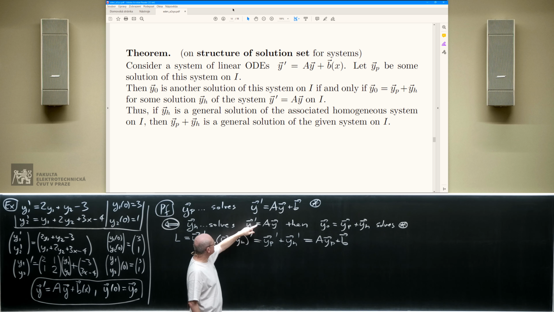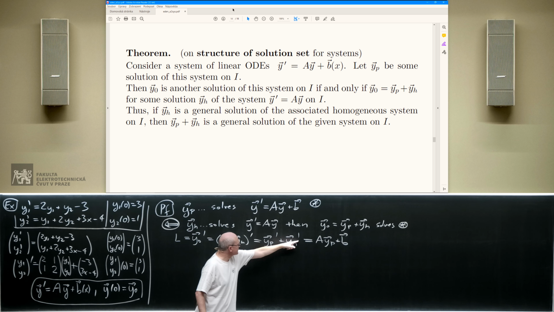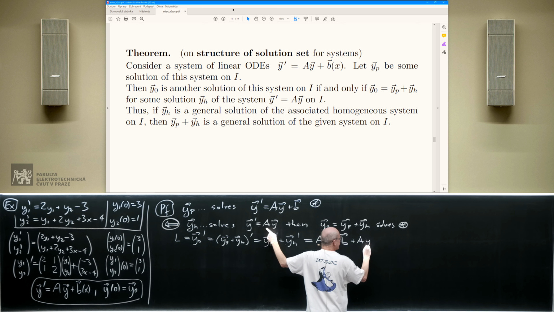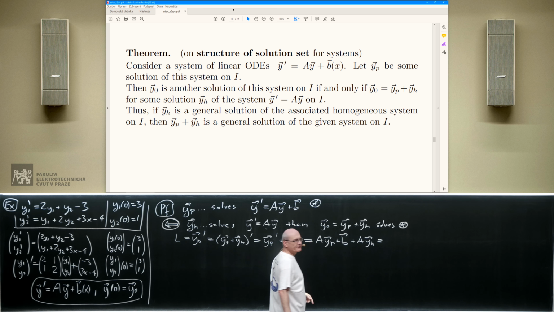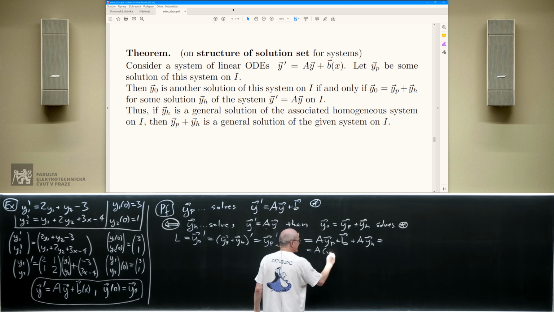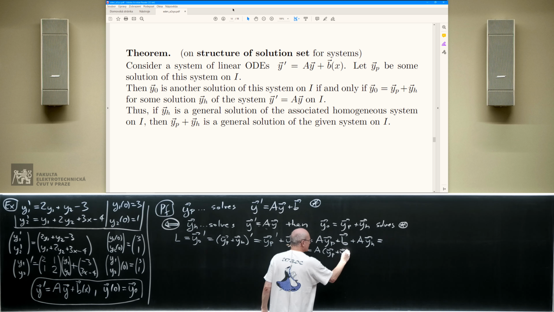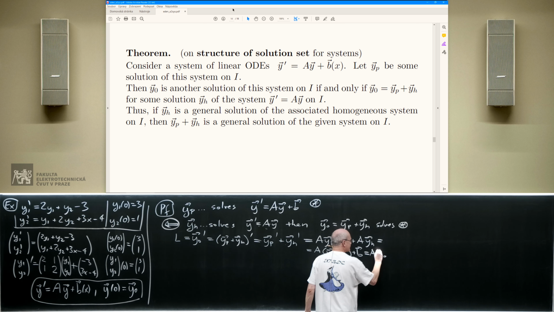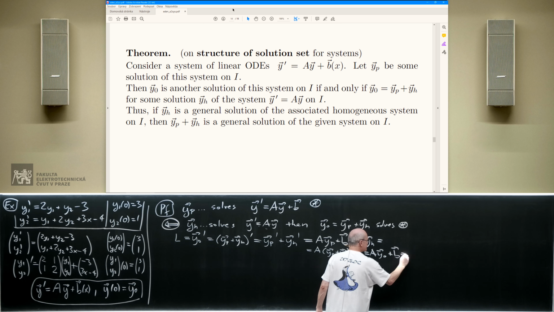Yh solves the homogeneous equation, so yh derivative should be A yh. Now I'm going to factor out A, let's see, I guess over here, A times yp plus yh plus b, and this is in fact A y naught plus b, which is the right-hand side of equation star.